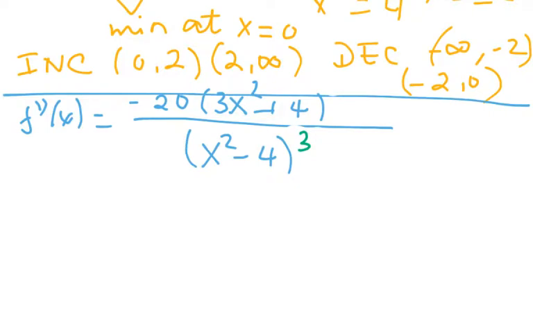So now we're going to find the point of inflection. We find the point of inflection by setting the second derivative equal to 0.